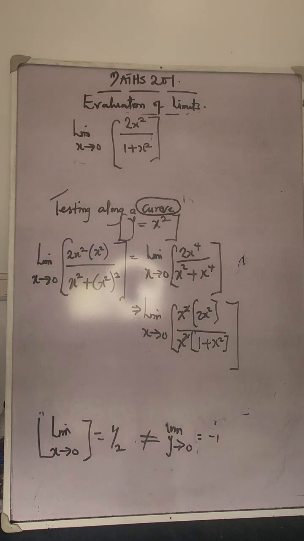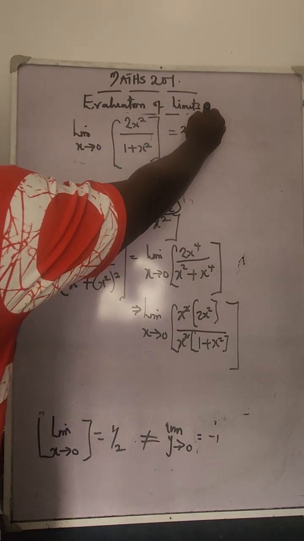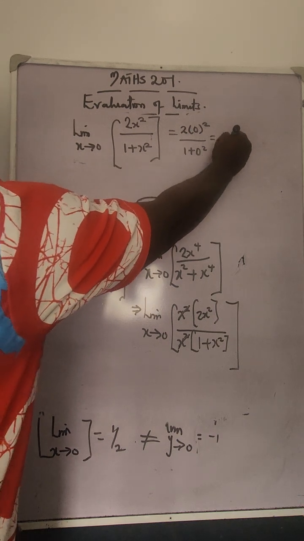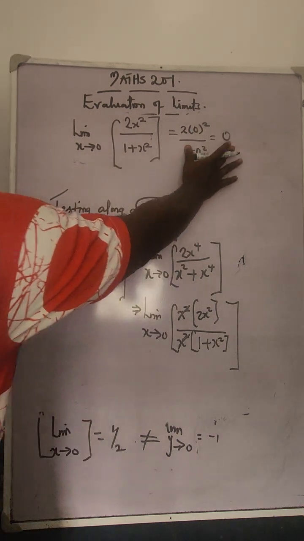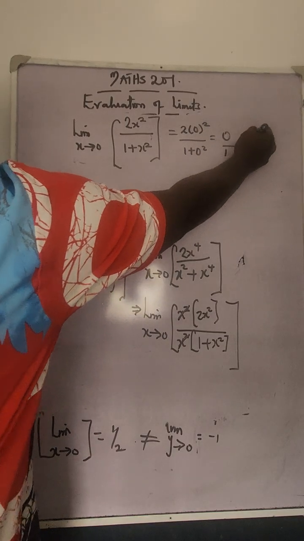And so what will be our answer? Our answer is to place x as 0. So we have 2 times 0 squared over 1 plus 0 squared. We have 0 over 1, and 0 over 1 is equal to 0.